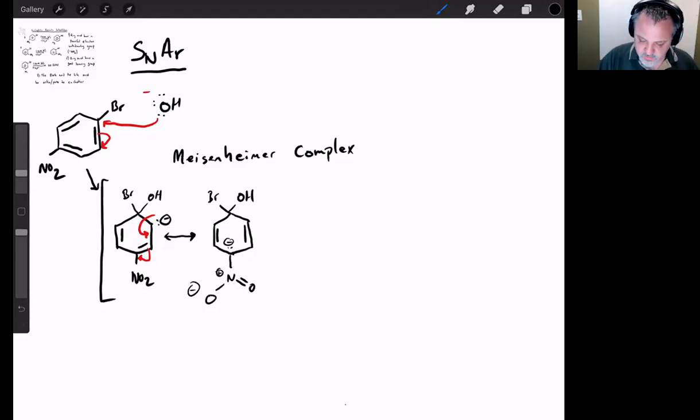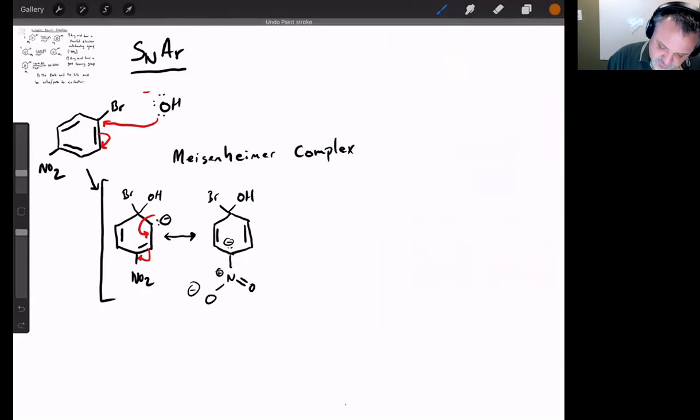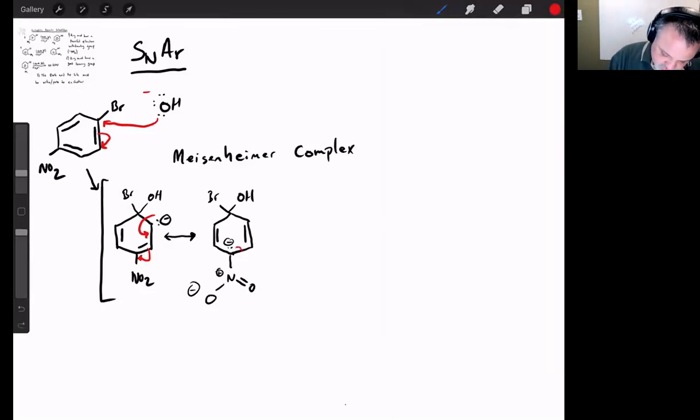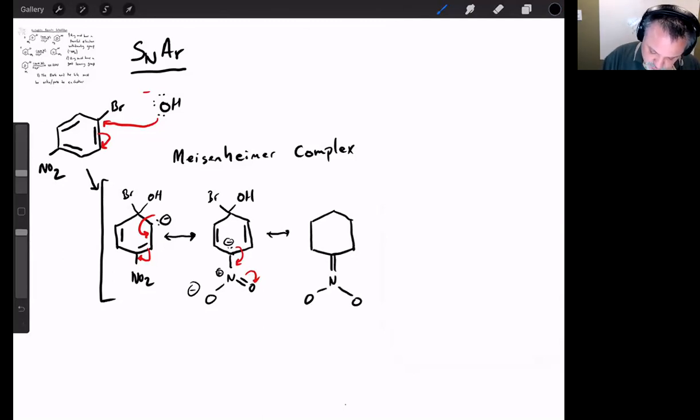And what I want to show is how the nitro group can serve as an electron sink that stores electron density. So I'm actually showing the electron withdrawing group withdrawing electron density out of the ring.